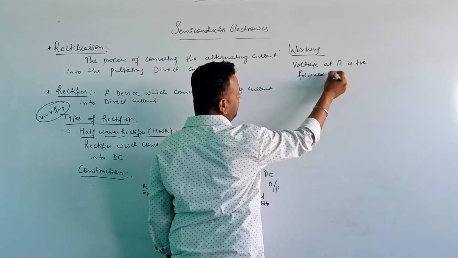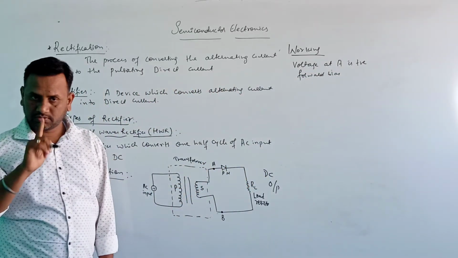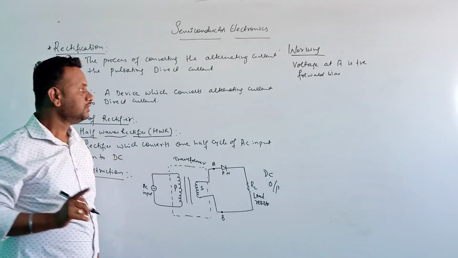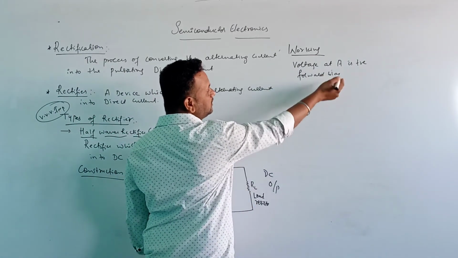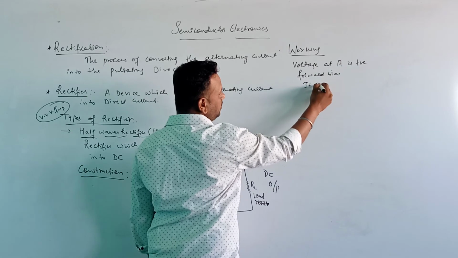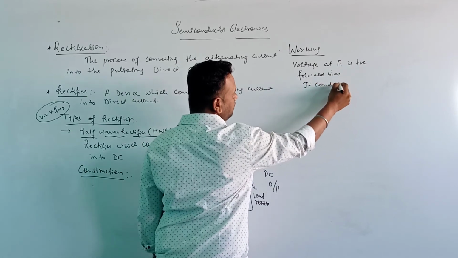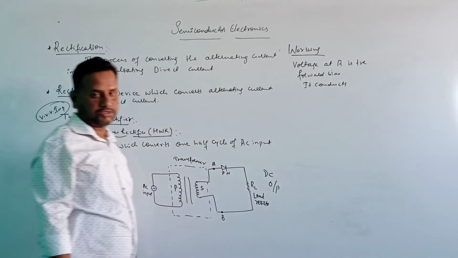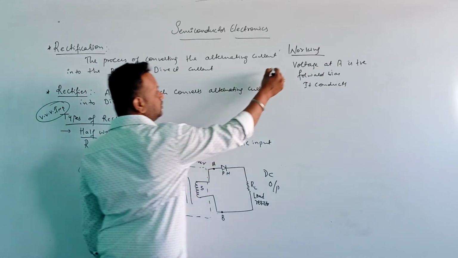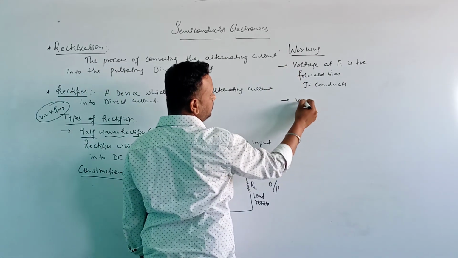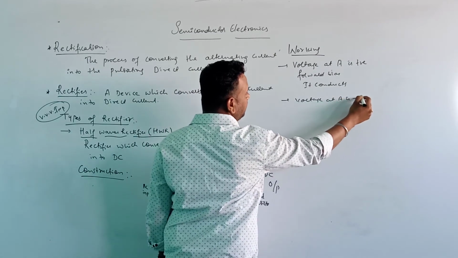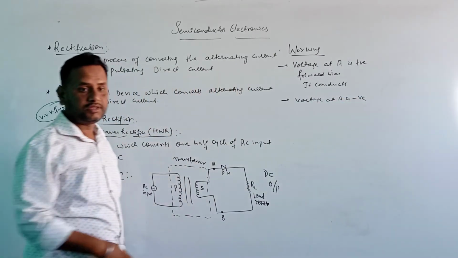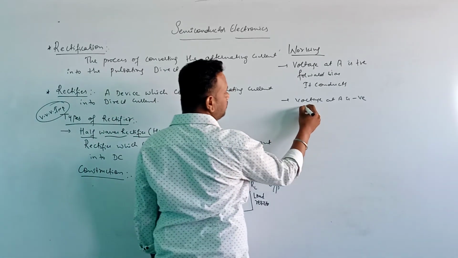We are using only one diode here. Okay. So when it is forward bias, then it conducts. Now when the voltage at A is negative, then it is what?